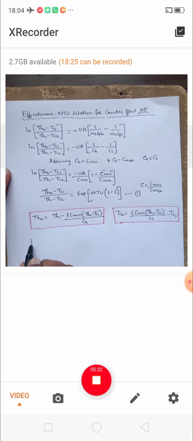So let me write the values. TH2 is given by TH1 minus epsilon into C minimum; already I have assumed CH is also C minimum, so C minimum cancels.